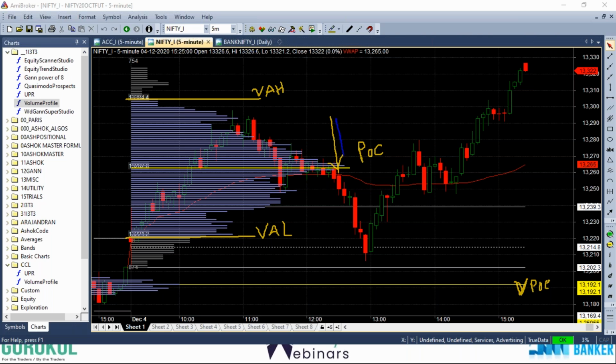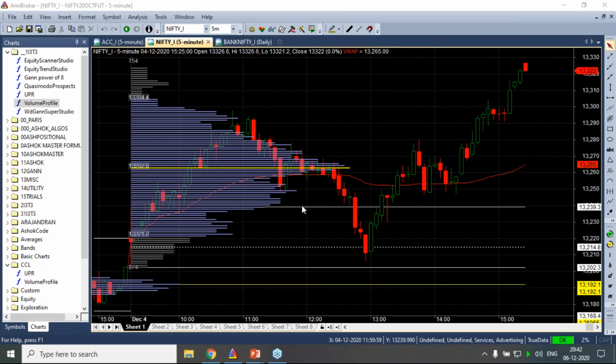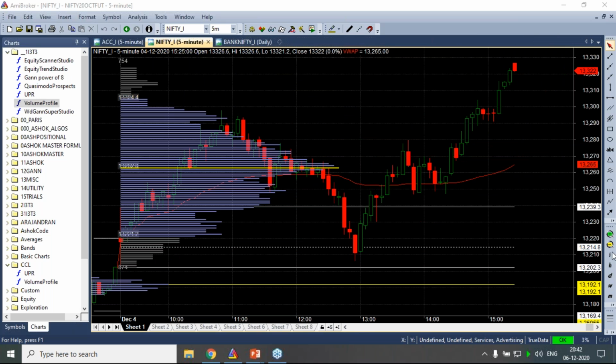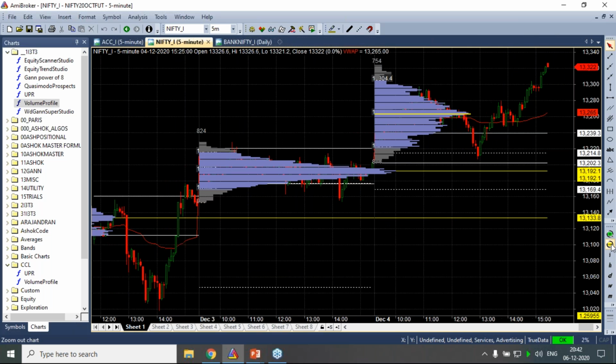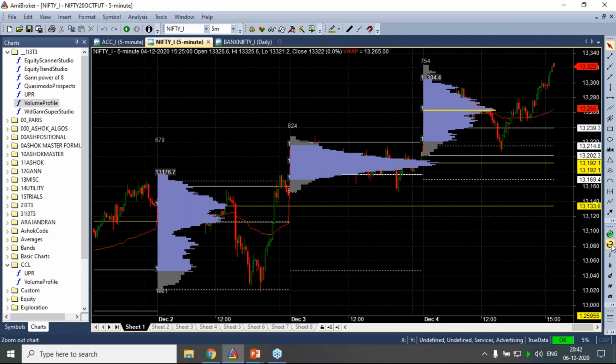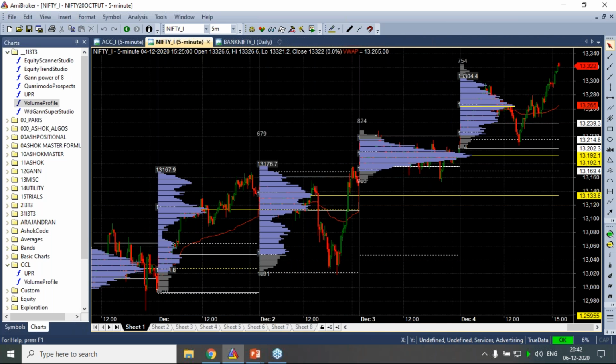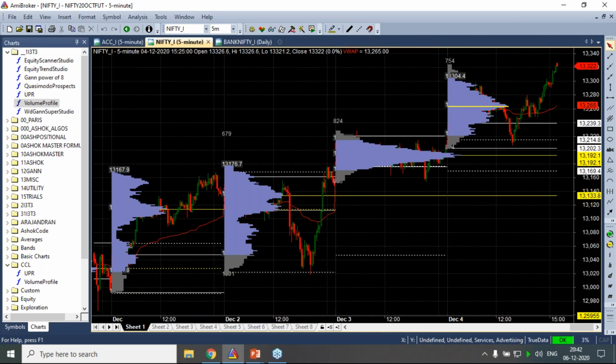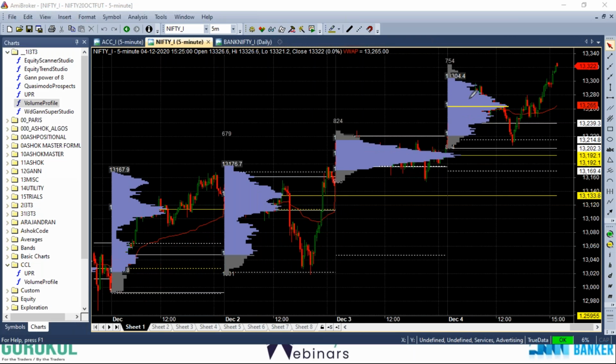That is the previous POC, but the point is that previous POC will always try to get tested. See the beauty of this. This is the POC of one day, this is the POC of the second day, this is the POC of the third day, and this is the POC of the fourth day.